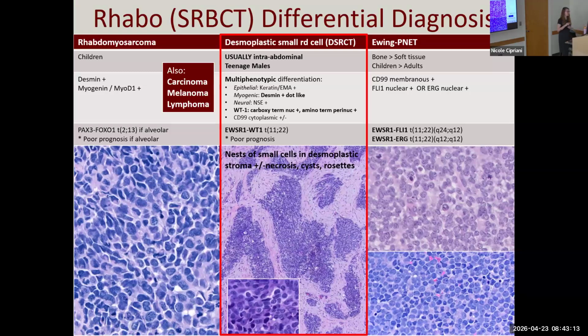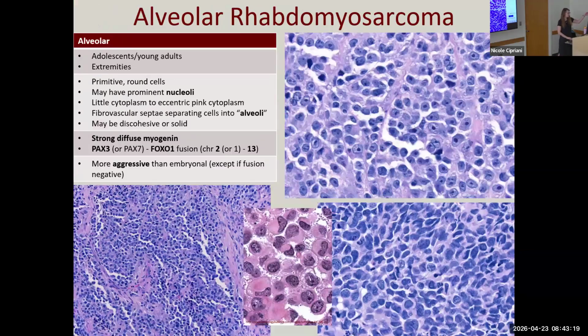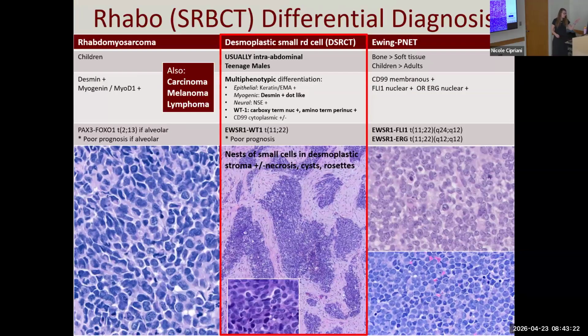All right. In terms of comparative charts, if you are looking at a small round blue cell tumor like an embryonal or an alveolar rhabdo, which on your differential, especially in a kid, might be something like Ewing's, your third differential, especially if you're in the intra-abdominal compartment of a teenage person, might be a desmoplastic small round cell tumor.